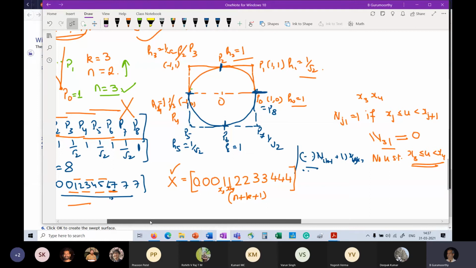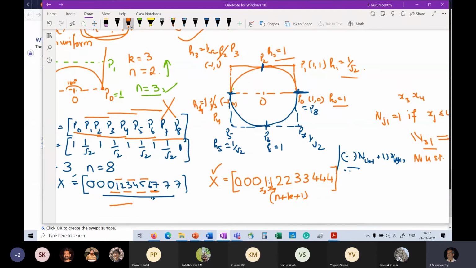So in this interval, none of the basis functions are non-zero, and therefore p1, p2 and p3 will have 0 basis functions, and therefore the curve is not defined in that interval at all. And the same thing happens when you come to 2, 2, which corresponds to p3, p4, p5, and the same thing corresponds to 3, 3 when you come to p5, p6, p7.